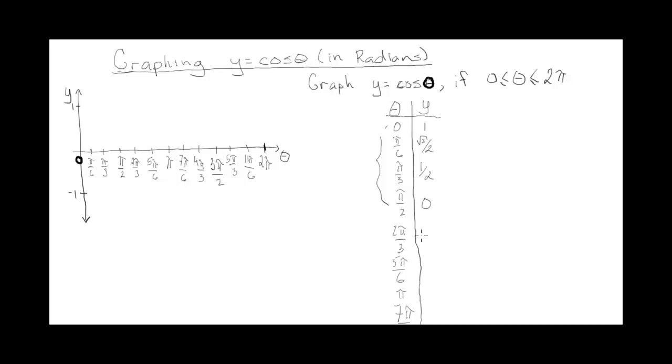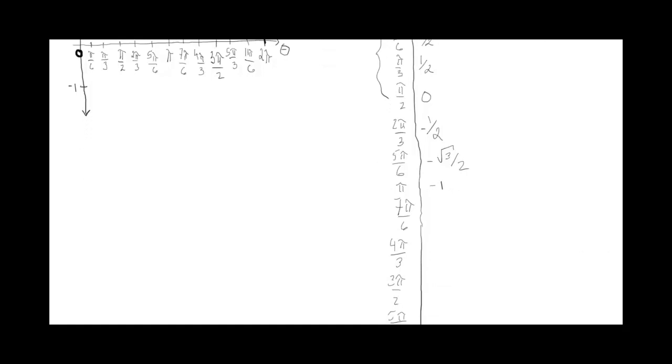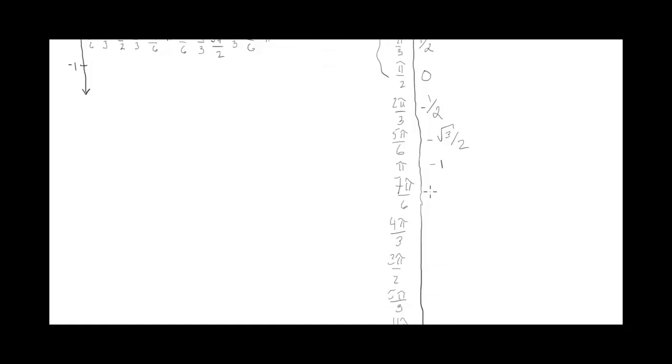So for 2 pi by 3, I'm going to get negative 1/2. Negative root 3 over 2. And then for pi, I'm going to get negative 1. So that's the second quadrant. In the third quadrant, I will get minus root 3 over 2, minus 1/2, and this would be 0 again.